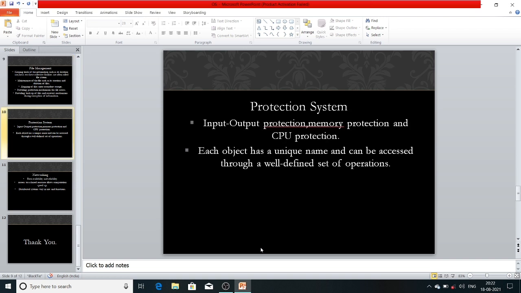Next, we have to move on to protection system. In protection system, protection refers to the mechanism for controlling the access of programs. There are three types of protection. Those are input output protection, memory protection, CPU protection. Memory protection is taken care of by memory addressing hardware so that a process executes only within its address space.